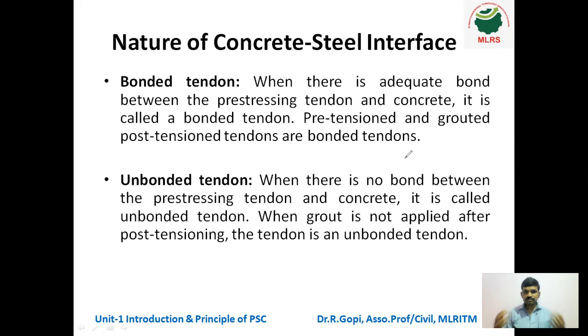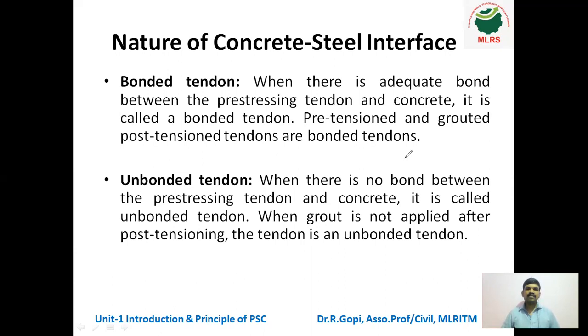After that, we place the concrete. So enough bond between pre-tensioned wires and concrete is achieved, like in our RCC. What we do in RCC is place the reinforcement before concreting, and after that concreting. So a bond between steel and concrete is achieved. Same like here, bonded tendon.